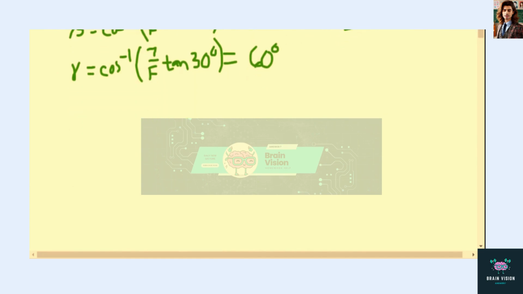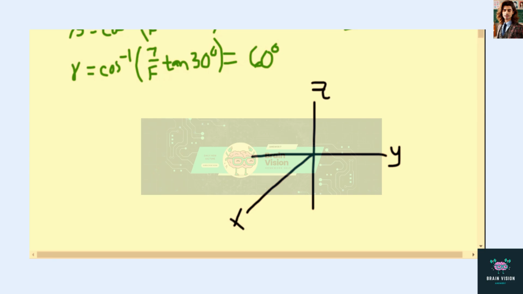Now, this one is not correct because if you look at the angle, we're really looking for 180 minus that. And I'm going to try to draw it here. Y, X, Z. Okay, the angle for beta is this angle, not this angle.